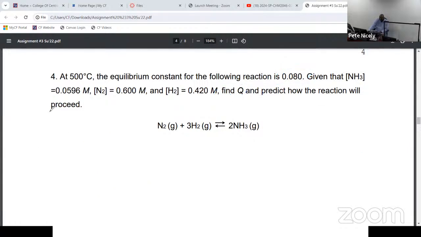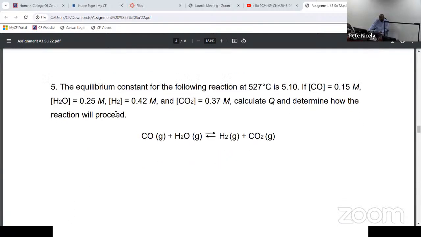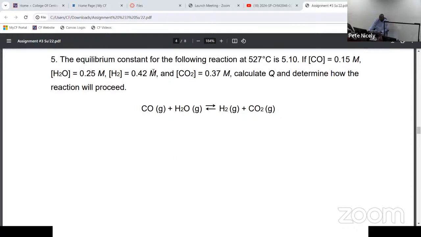I think I have another question dealing with QC. Okay, now this one says the equilibrium constant for the following reaction is 5.10. So that's the equation. If the concentration of carbon monoxide is 0.15 and the concentration of so this is basically the same kind of question, right? So how would you proceed?